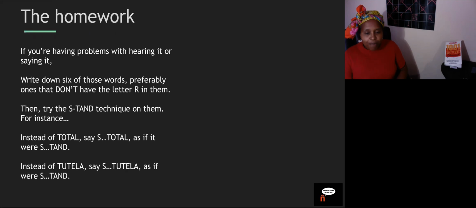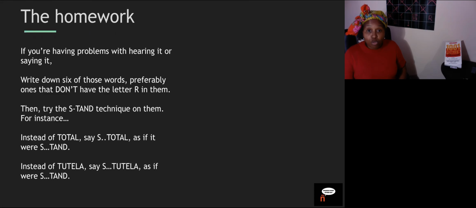If you're having problems with hearing it or saying it, write down six of those words, preferably ones without ere, and even worse, R in them, and then try the stand technique on them. For instance, instead of saying "total," say "stotal," just as you would say "stand."